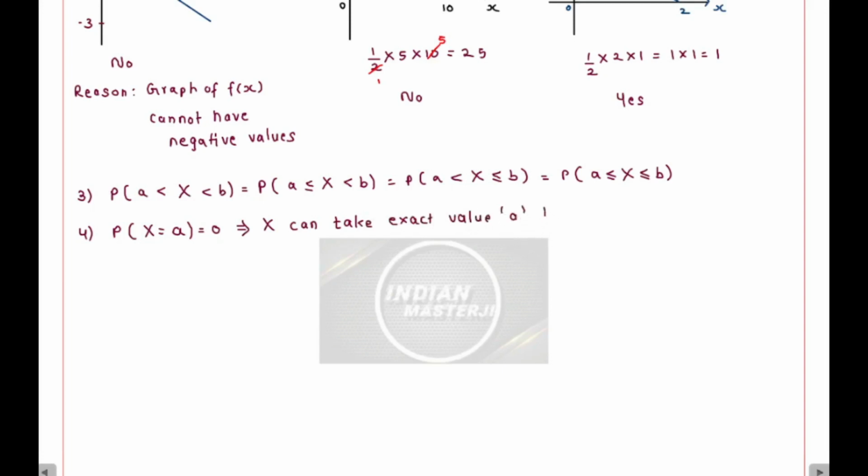But the probability that x takes the exact value a is 0.